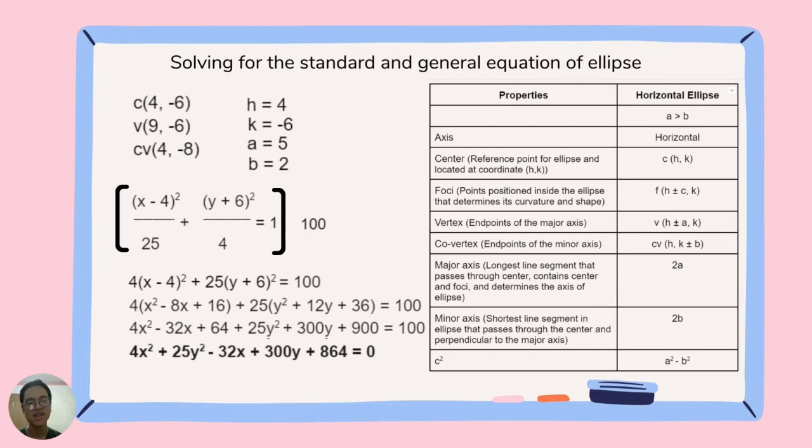So 964 minus 100 is 864. So plus 864 equals 0. So our general equation is 4x squared plus 25y squared minus 32x plus 300y plus 864 equals 0. And that's for the standard and general equation of ellipse.